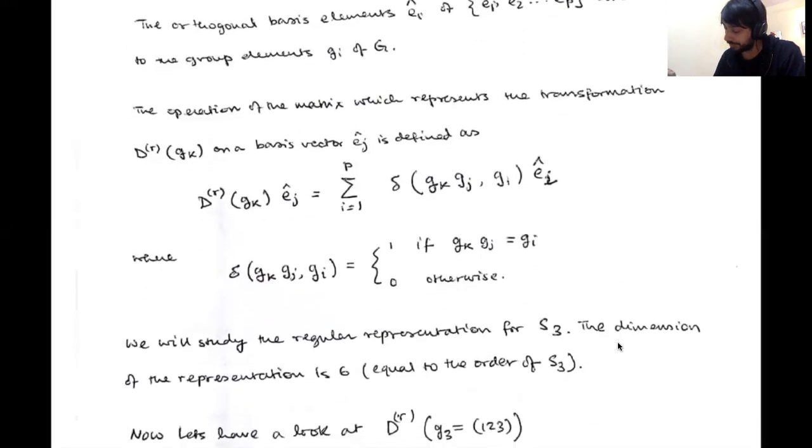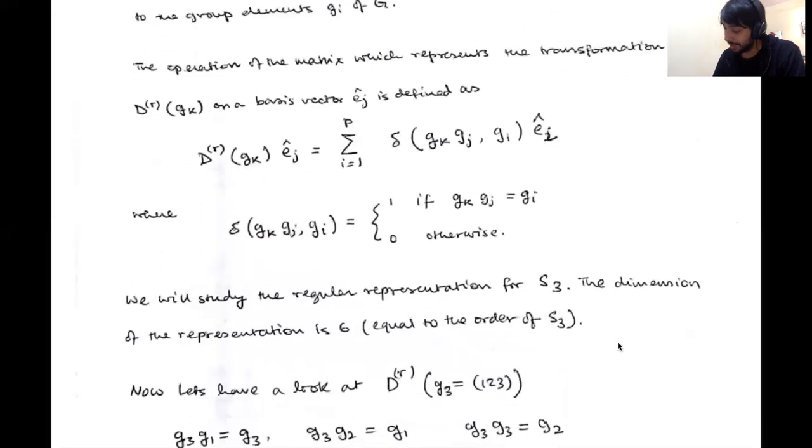So we'll start off with S3, and since S3 has six elements, the dimension of this representation is also going to be 6.